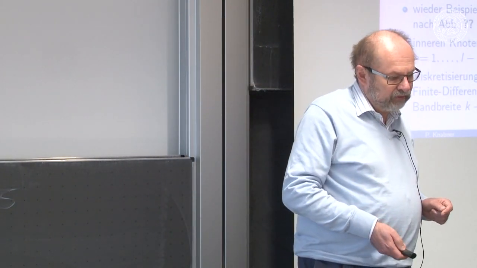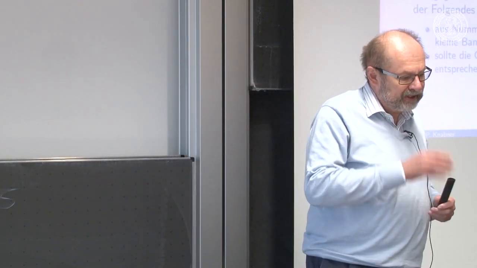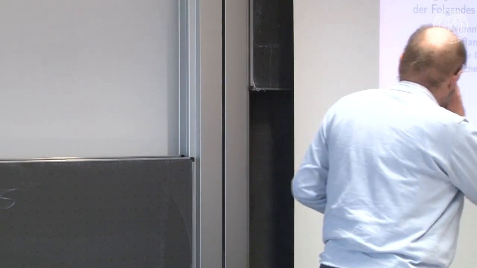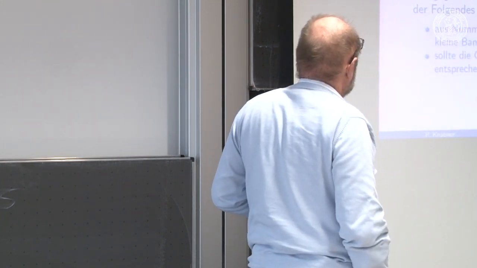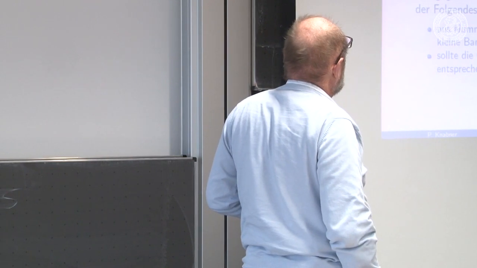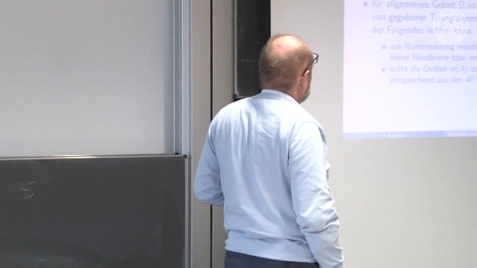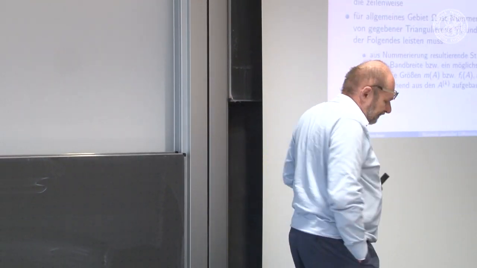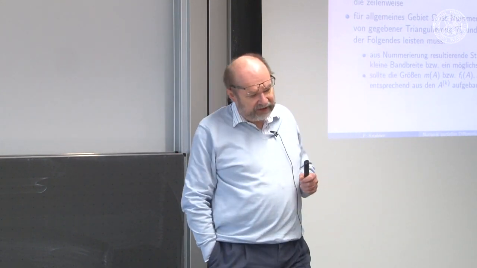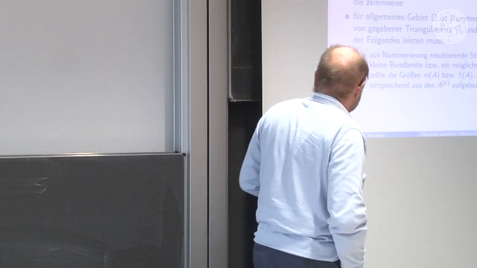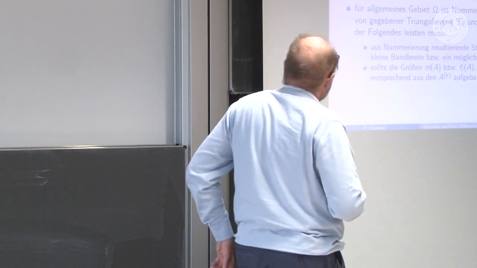Okay, I will discuss a few methods in this direction. It's basically one method, and what is typical is that all these methods are more or less heuristics. It's not so easy really to prove something rigorous about it.